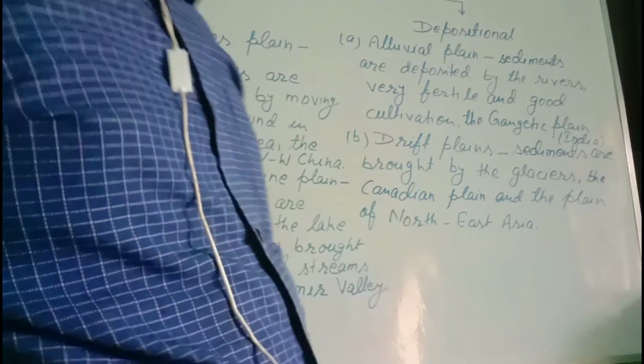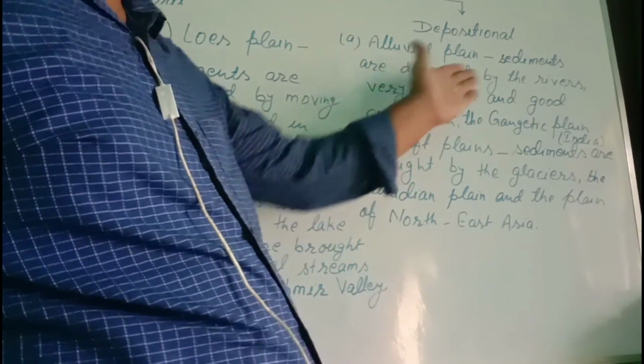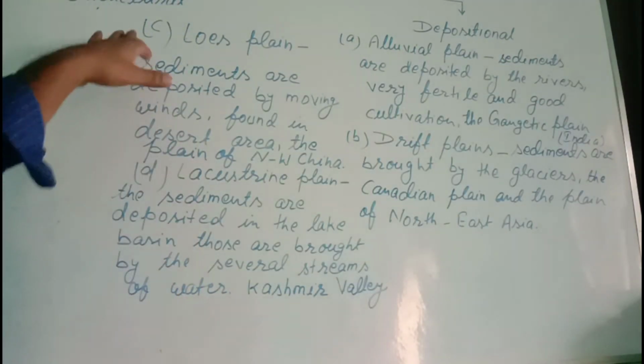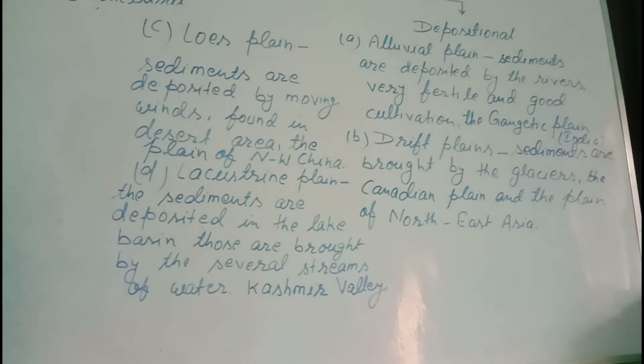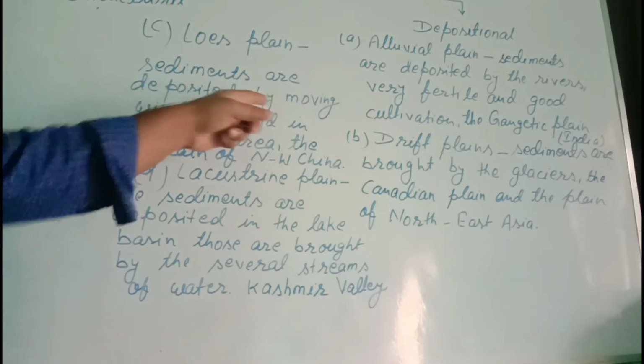This complete board was not visible, so I moved the camera. Now you can see this part also. Those are written clearly. We were here, loess plains, in this sediments are deposited by moving winds.